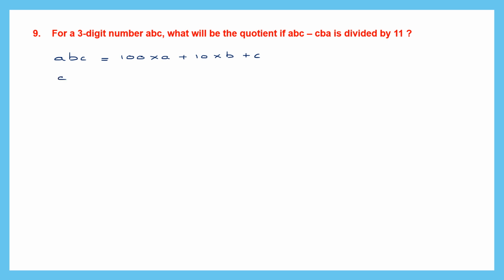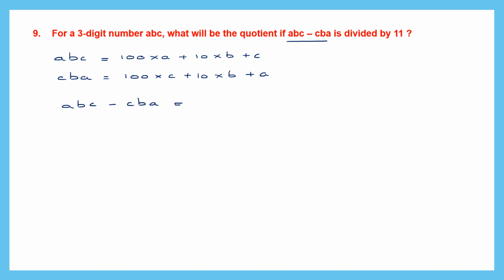So if I have to expand this, this becomes 100 into A plus 10 into B plus C. Similarly, if I take CBA, this is going to be 100 into C plus 10 into B plus A. So now what does the question say? If ABC minus CBA is divided by 11, what do we get? So let's put out this form. ABC minus CBA is equal to the expanded form of ABC minus the expanded form of CBA.